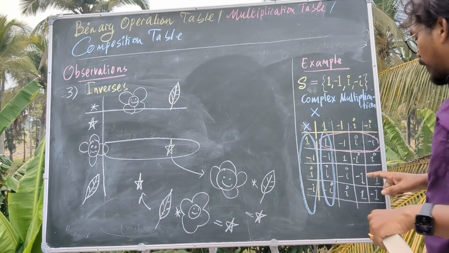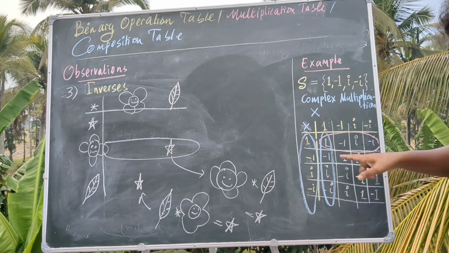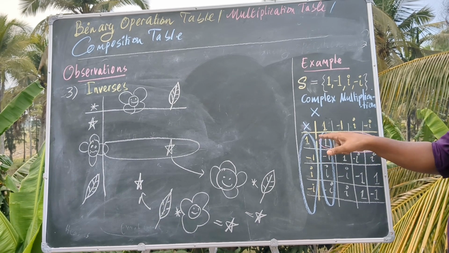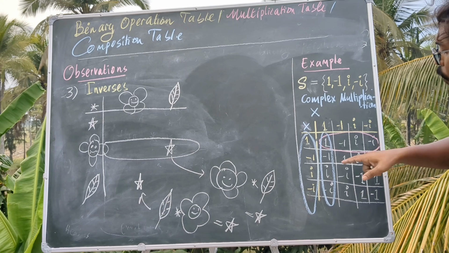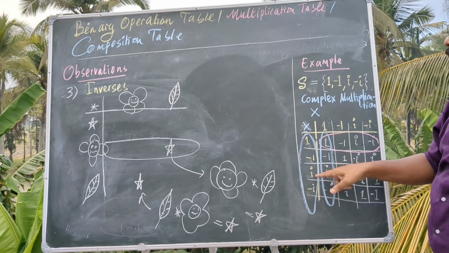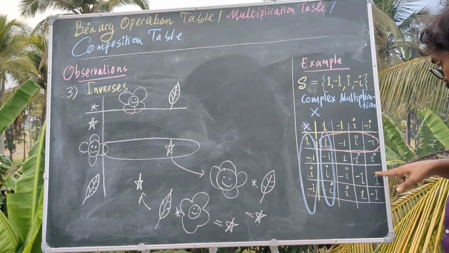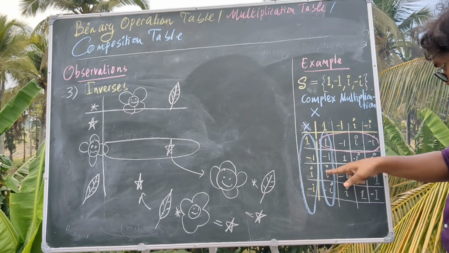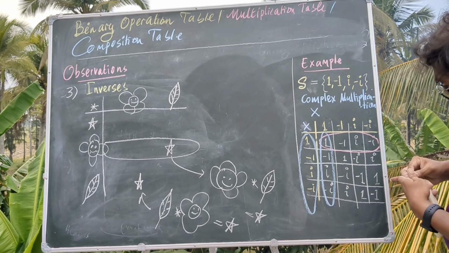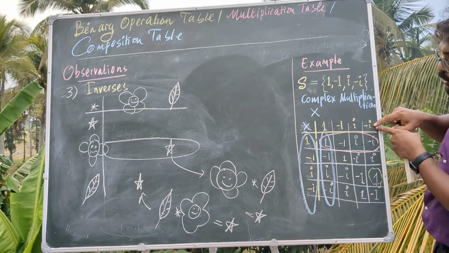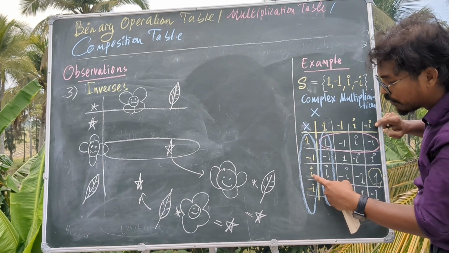Here let us check. So 1 is the identity element here. Suppose we are finding the inverse of i. We will check where 1 is in this row. Here we have 1. So minus i is a possible candidate for inverse of i.